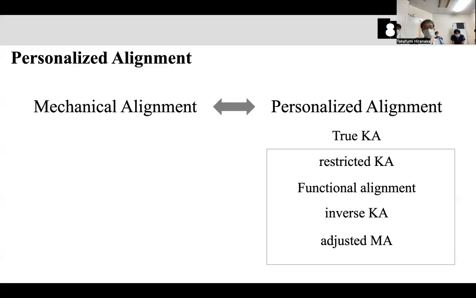So far, we can only do true kinematic alignment without such CAS devices. And in Japan, soft tissue respecting kinematic alignment is where the tibia bone cut is made parallel to the distal cutting surface of the femur. It is a really popular procedure in Japan.